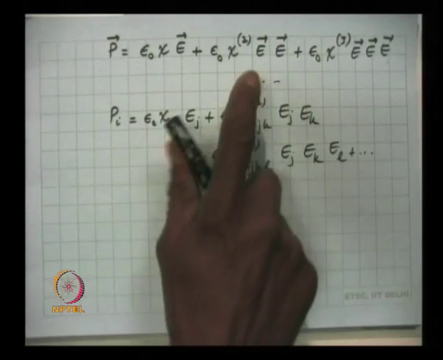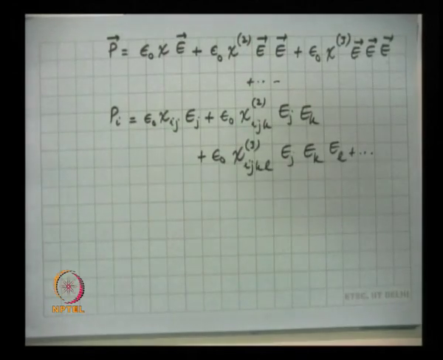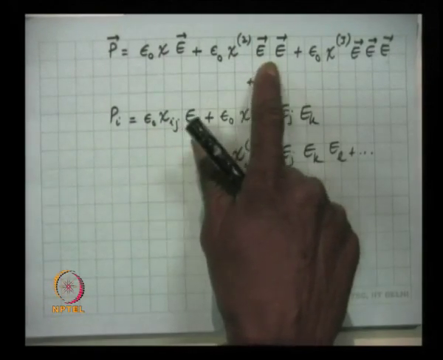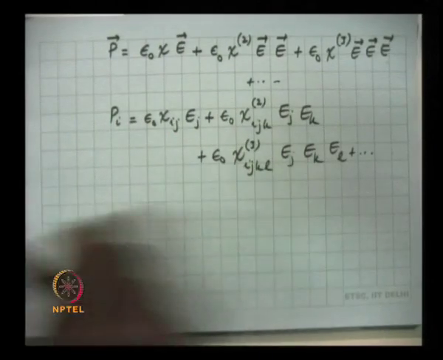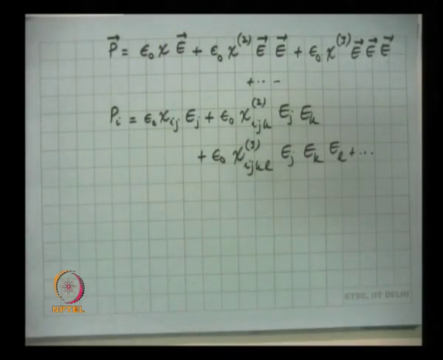So, please note that this E E is not a dot product or a cross product, it is just E times E, and this is the short form of representing the summation over chi I j k E j E k.